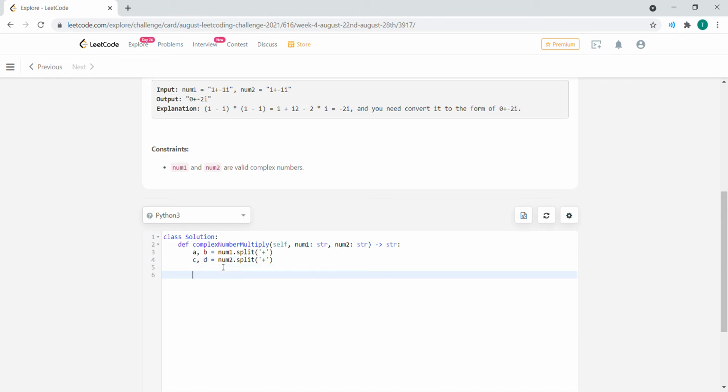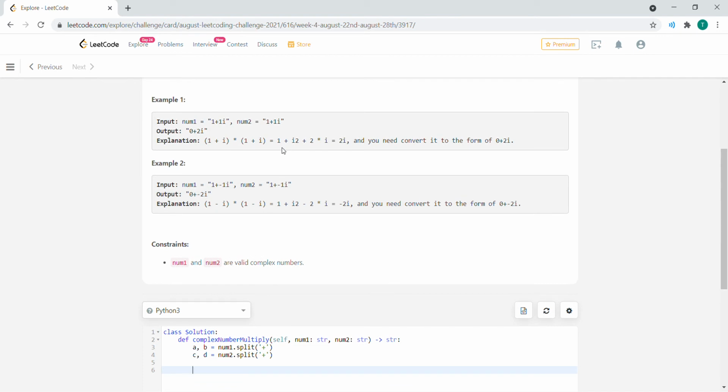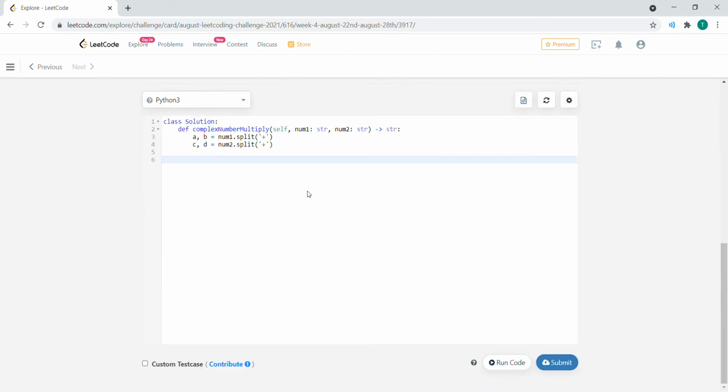Now that you've split it, next you want to take the real parts and multiply them together, take the imaginary parts and multiply them together, and also take the imaginary of the first part times the real of the second part, and the imaginary of the second part times the real of the first part.